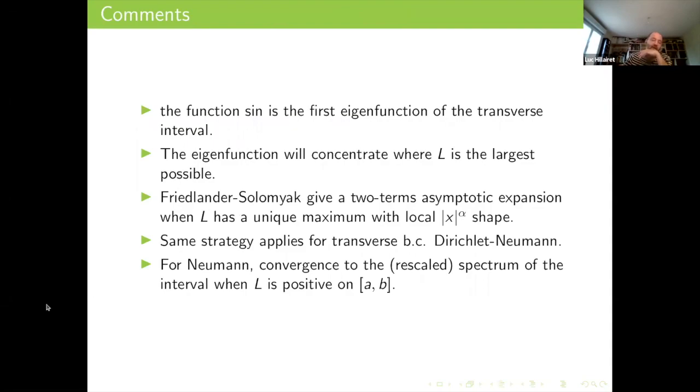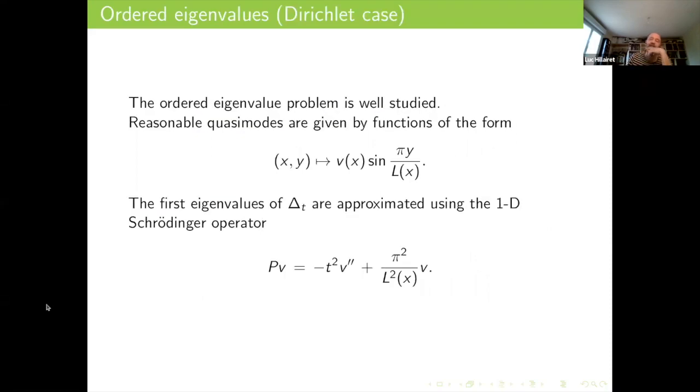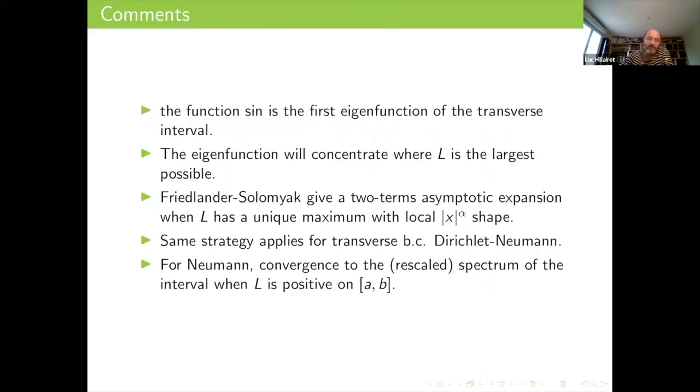And so there are a number of comments here. The pi squared in the potential corresponds to the fact that I have chosen Dirichlet boundary condition on the transverse red side. So if you choose Neumann or mixed Dirichlet-Neumann, you will have to change this with the first eigenvalue of the corresponding problem.